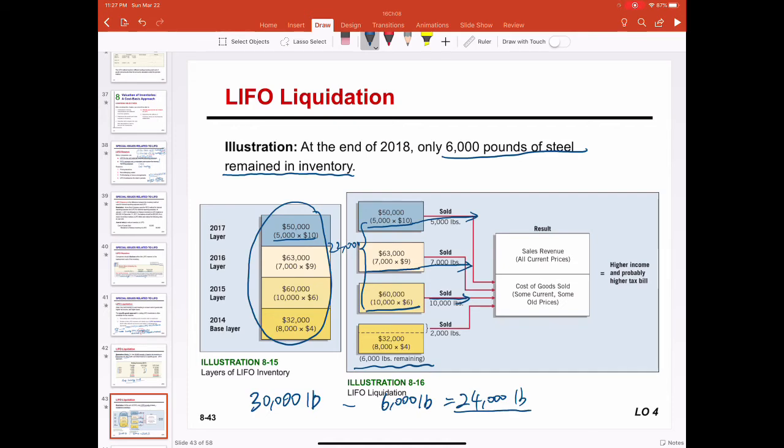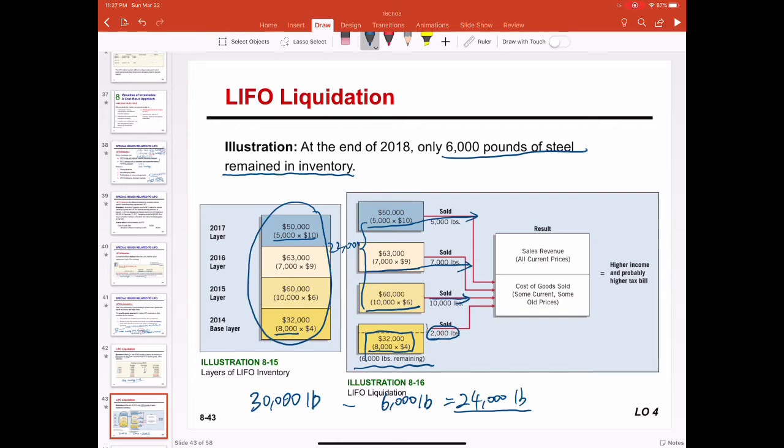2,000 actually is from the layer of 2014. 2014 has 8,000 pounds. 2,000 out, 6,000 left.